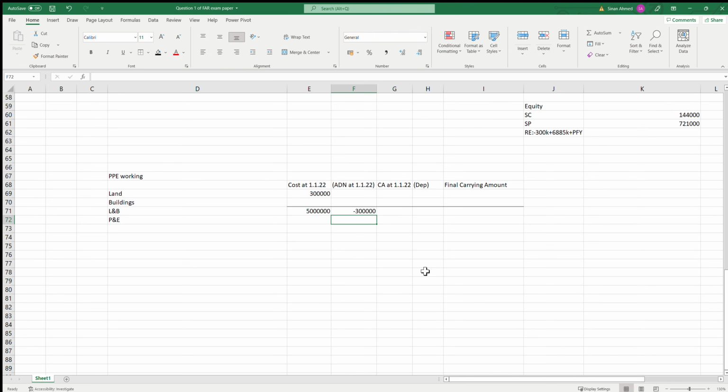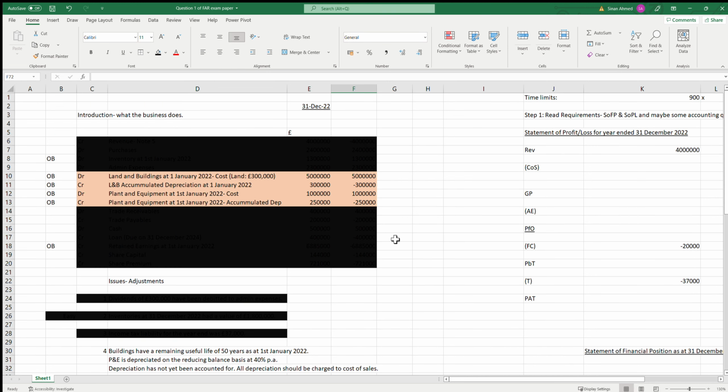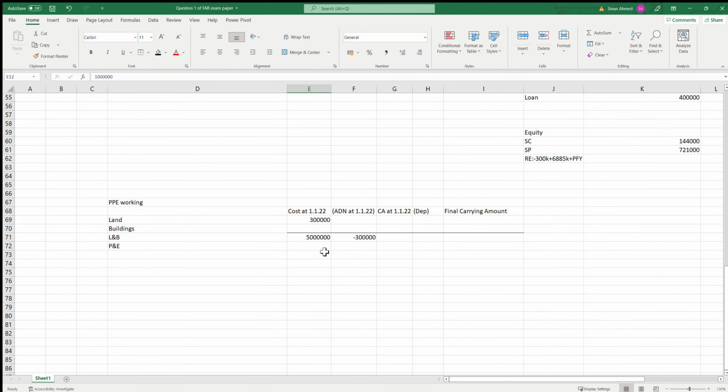Right, so we dealt with this bit. Now we're told plant and equipment had a cost of 1 million, and that the accumulated depreciation was 250,000. Okay, so I'm just going to put the 1 million. Let me just check if I put it to the right number of figures. Yep, I have.